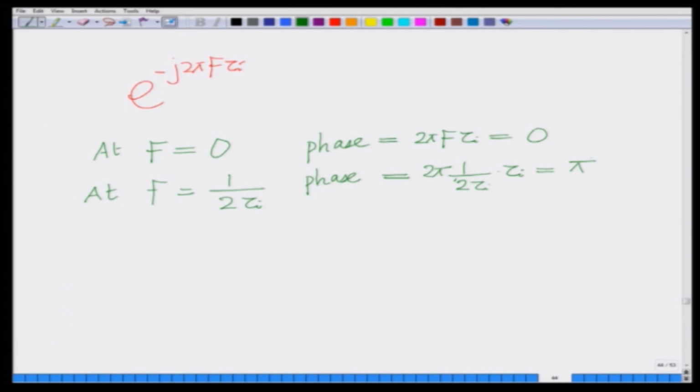Alright. So let us look at this component e to the power of minus j 2 pi f tau_i. At f equal to 0, the phase is 0. At f equal to 1 over 2 tau_i, the phase is pi. So the phase has changed significantly, which means the frequency response has changed significantly. That is, the frequency response at 0, which is flat, has changed significantly at f equal to 1 by 2 tau_i.